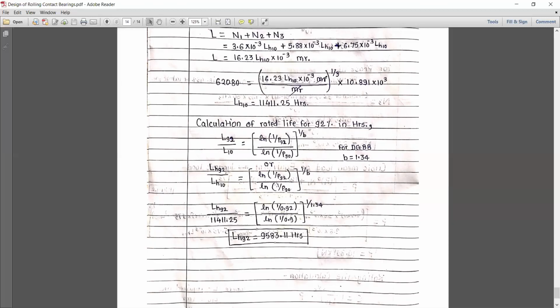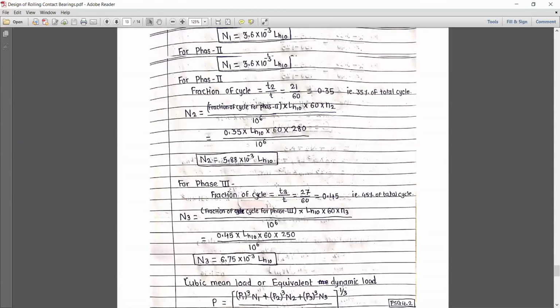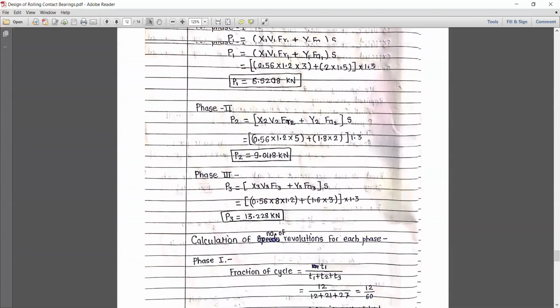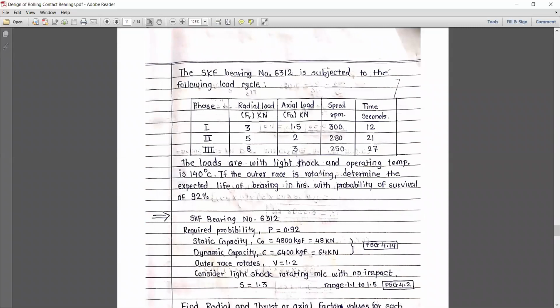Okay, so in this problem we have discussed how to calculate the equivalent load for different phases. Then how the temperature will affect the capacity of the bearing, that we have seen.